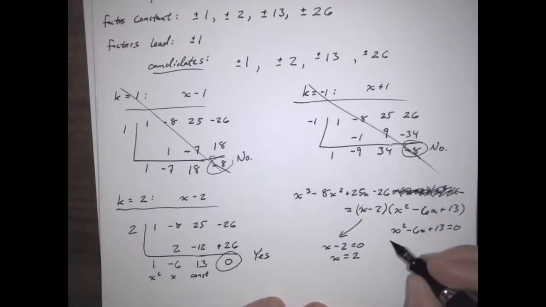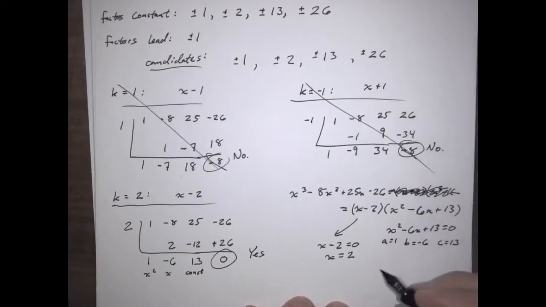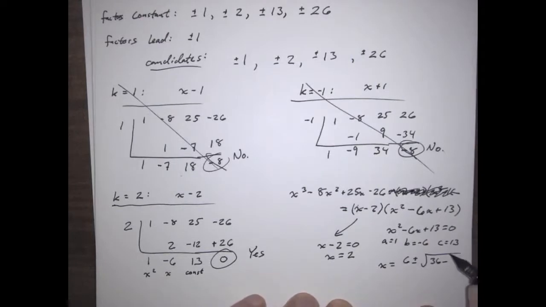In order to figure this out, we need to consider the quadratic formula with a equals 1, b equals -6, c equals 13, and that then is going to leave us with x equals 6 plus minus square root of 36 minus 4ac. That's minus 4 times 13, which is 52, and then divided by 2a.